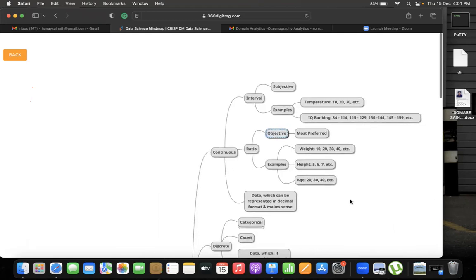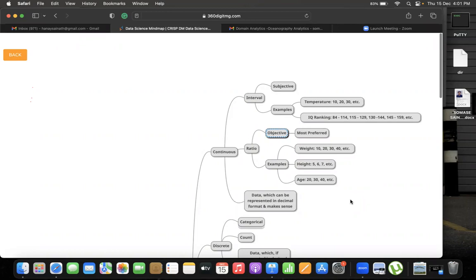Yeah, you can see in this continuous we have two things that are interval and ratio. Then in interval we have subjective, for example, temperature 20, 30, 40, etc., which are merely counting.